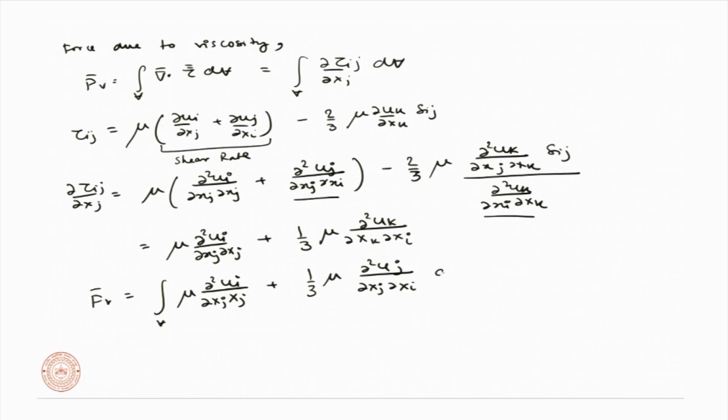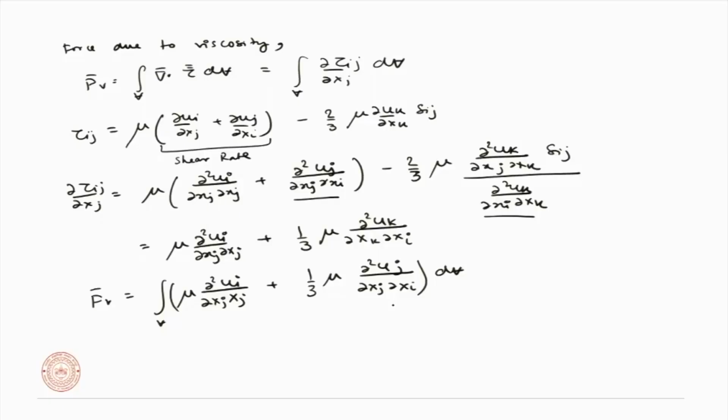I am exchanging k and j so that you get into a habit that a repeating index can be exchanged. If k is repeating, you can write any variable, that is not a problem. So, you can use del uk by del xk or del uj by del xj, that is the same thing. Please start getting into a habit for these things.